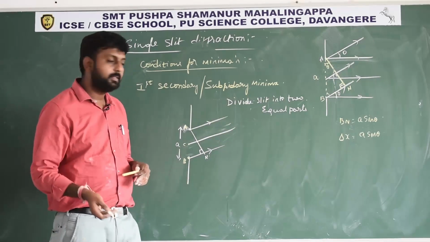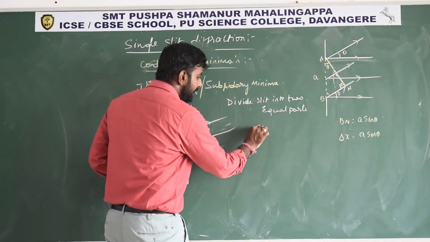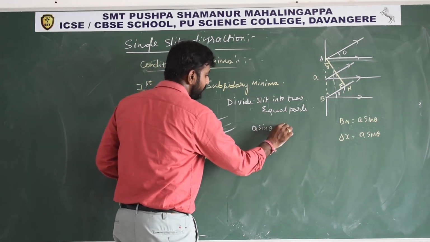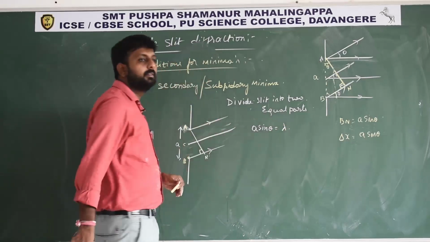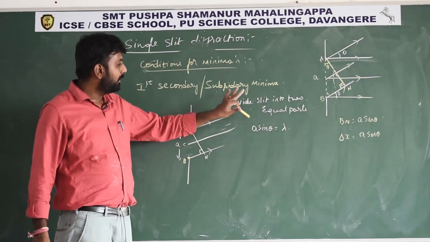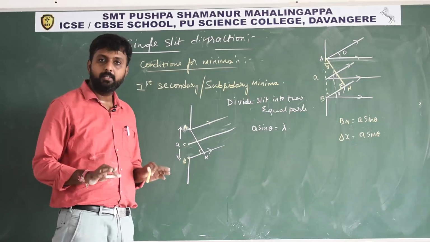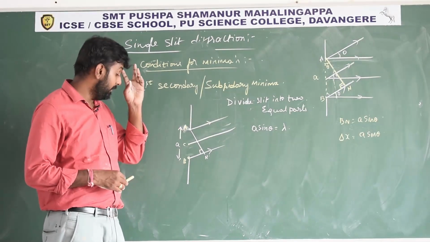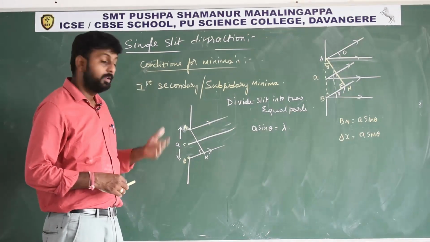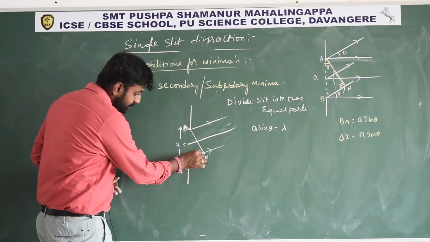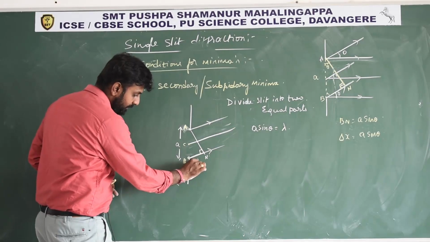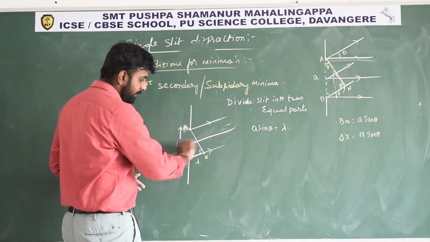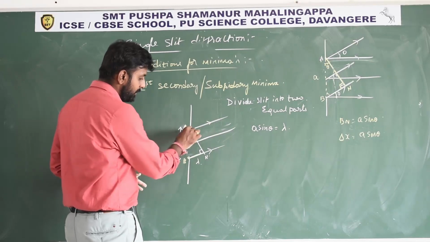Next, what we have to consider? We have to consider the path difference a sin theta equals lambda. So this is our consideration. We have to treat the path difference as lambda and divide the slit into two equal parts. By doing like that, this path difference is lambda. We have divided it equally into two parts, isn't it?